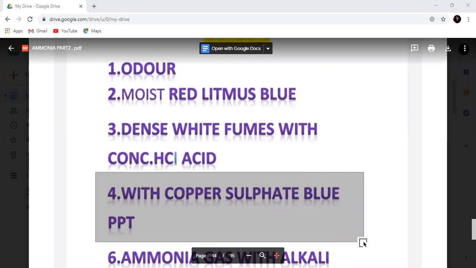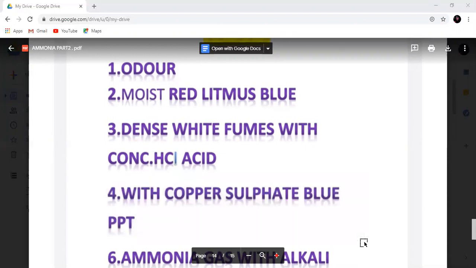When ammonia gas is passed to the copper sulfate solution, blue precipitate is formed. I'm repeating, when ammonia gas is passed to the copper sulfate solution, blue precipitate is formed. And its color changes to deep blue coloration when we pass it in excess, meaning if we take ammonium hydroxide or ammonia gas in excess, it will turn to deep blue coloration.